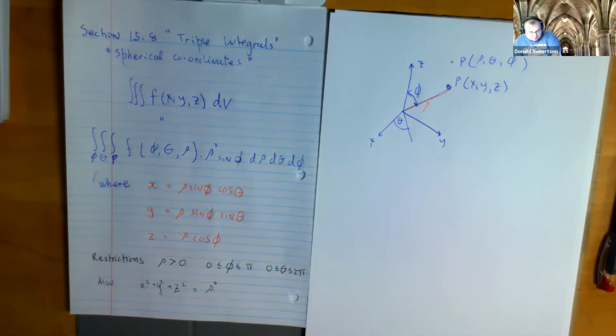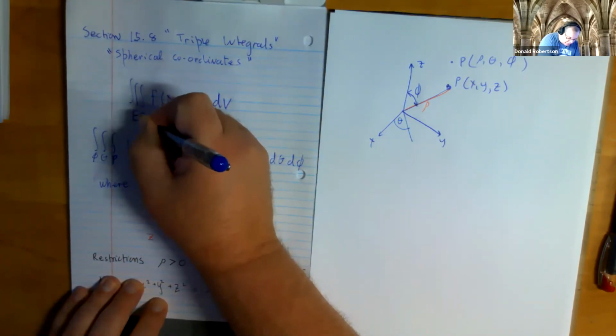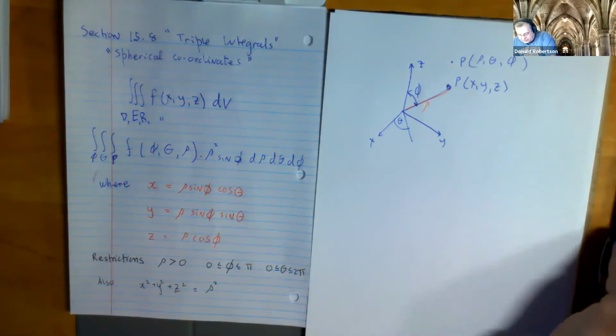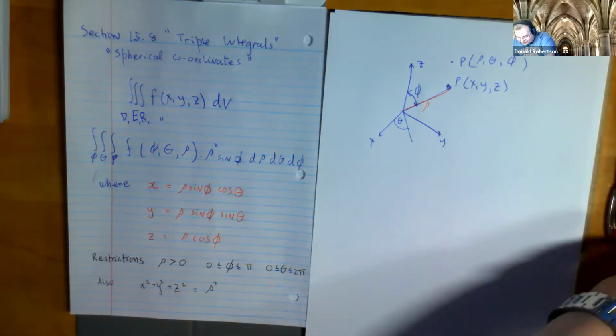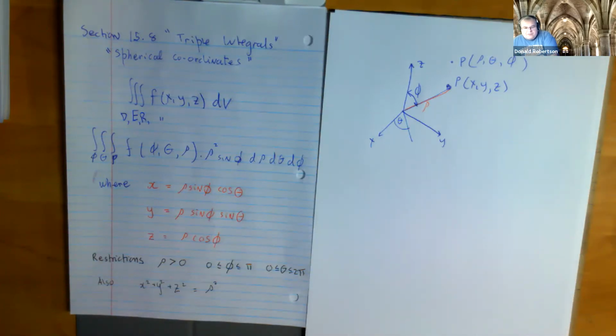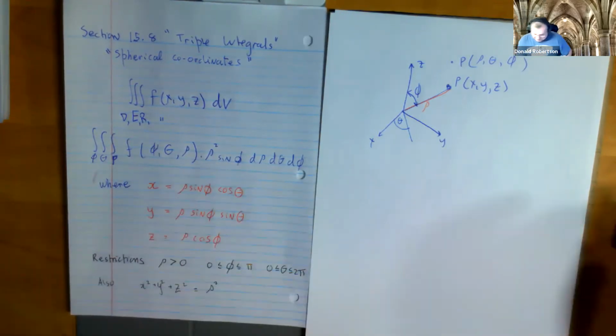So why are spherical coordinates and triple integrals so helpful? If the region, they have a region here which they can call E, I think they've called it R, and in some places they've also called it D, whatever letter of the alphabet they use, if that region is part of a sphere, or at least spherical, then it's very often easier math to find a triple integral by converting from XYZ into the spherical one.